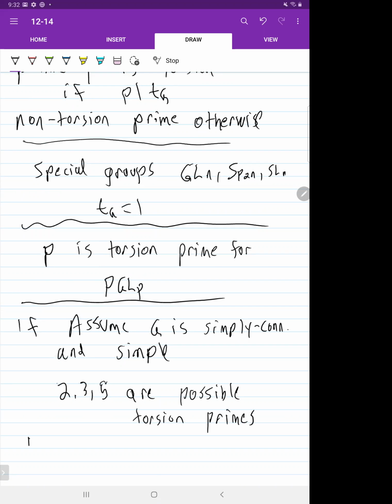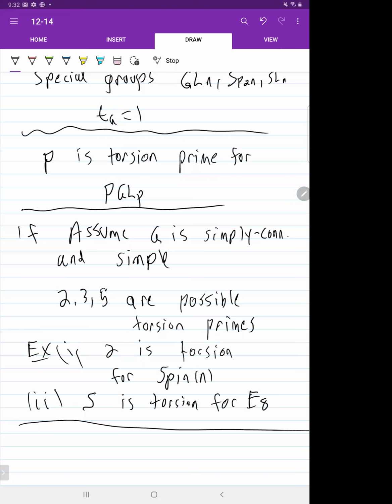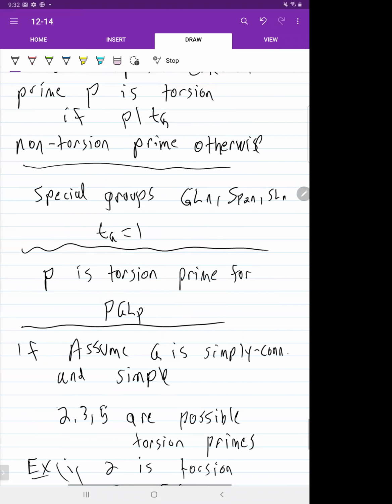So for example, I don't know, 2 is a torsion prime for the spin groups in high enough dimension, I think n greater than 6. And 5 is a torsion prime for E8. Okay. So that's the definition of torsion primes and torsion index.